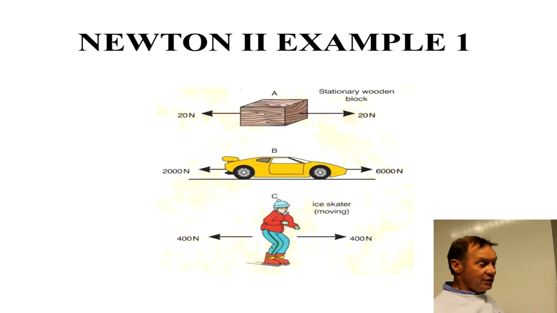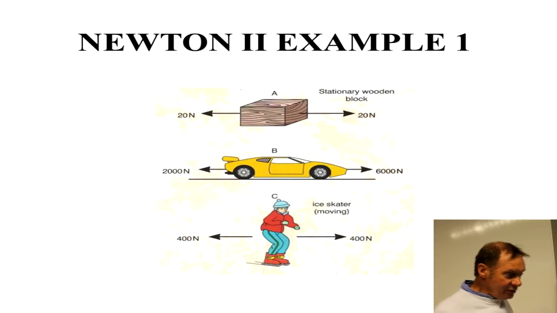Here are three examples of Newton 2. In the first example, the block is stationary, there's 20 newtons pulling it each way, which means there's no overall force, so it's just static. In the second example, acceleration occurs. Why? Because there's 2000 newtons of friction and 6000 newtons of engine thrust, so obviously there's a resultant force of 4000 newtons pulling it to the right.